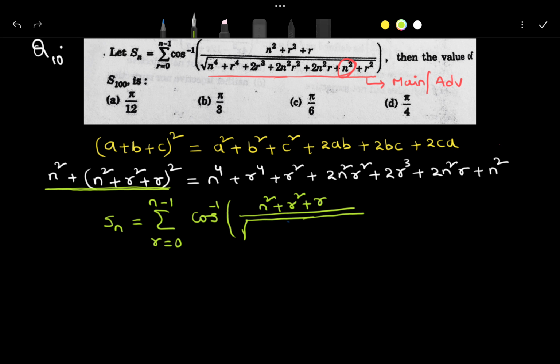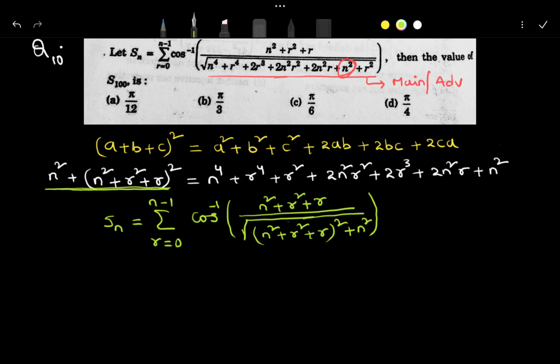The denominator under the root you can write as (n² + r² + r) whole square plus n². So this is the simplified value of the denominator under the root. I hope everyone is clear on this value.